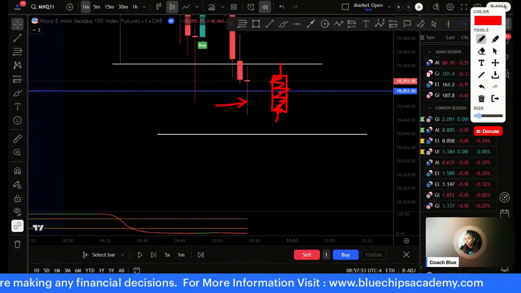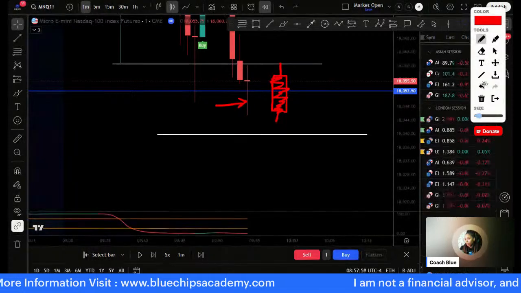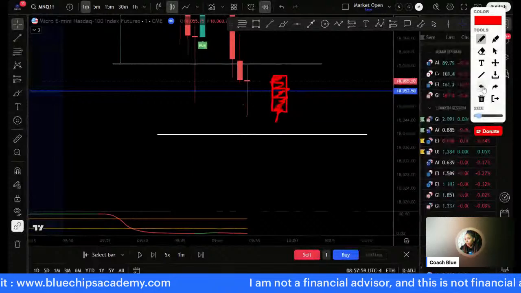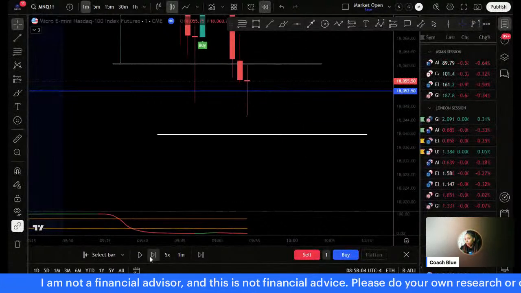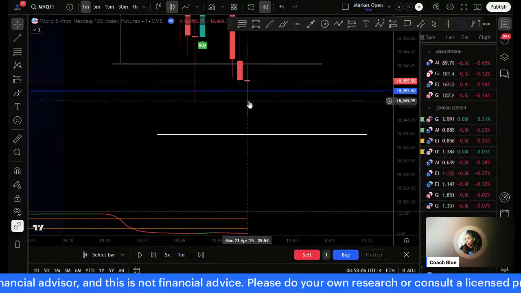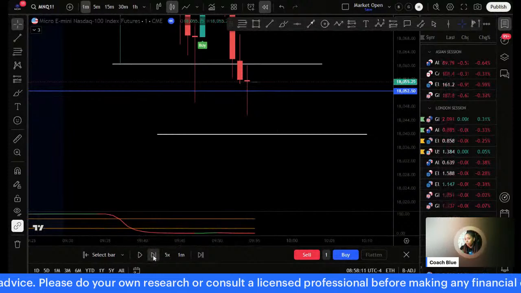That's the wick right there, that long stick. We want the body of the candle to close beneath the key level. So when we look at this, we can clearly see that the body did not close beneath that key level. So we go to the next candle here.